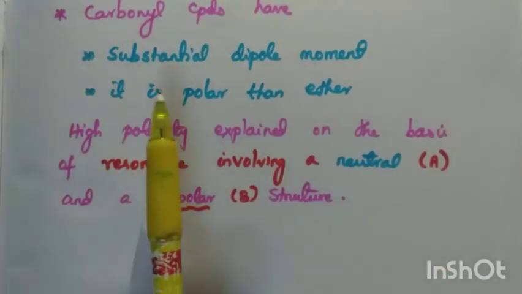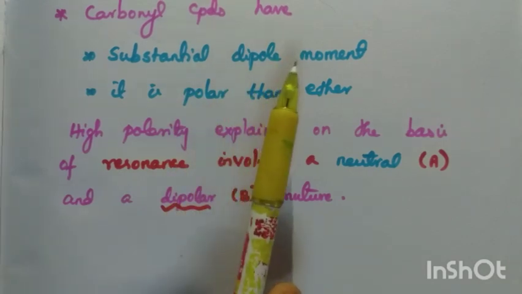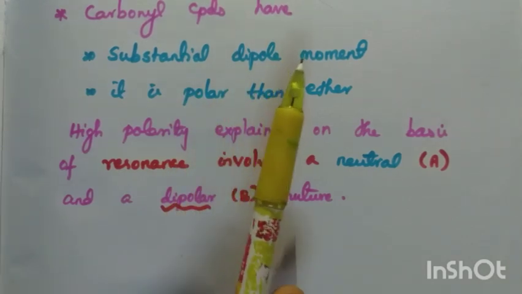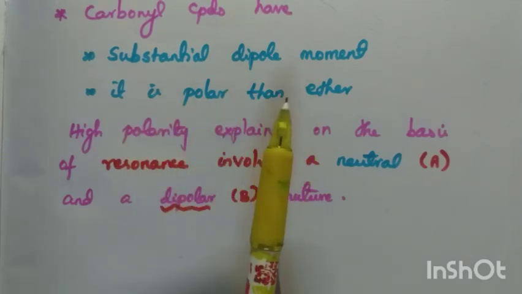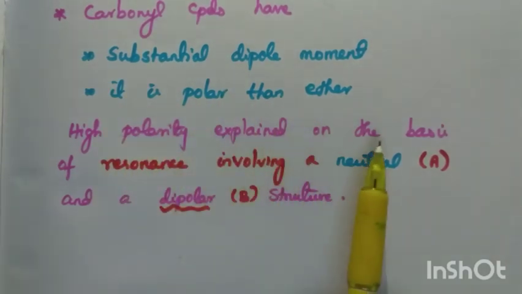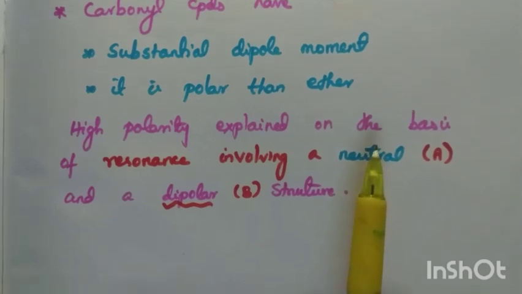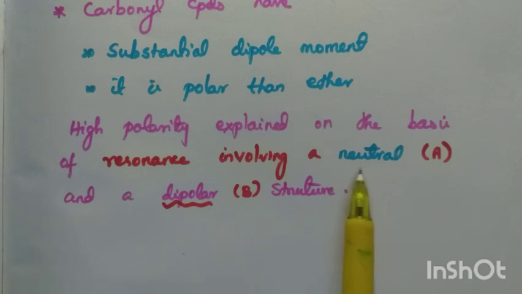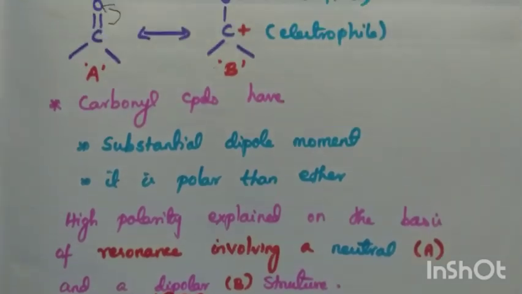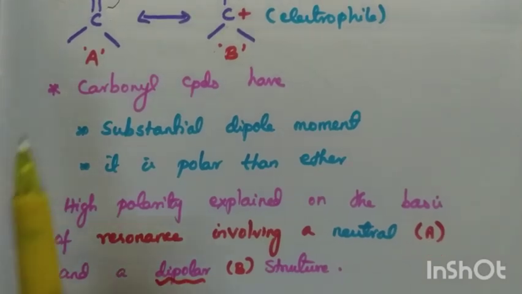Now it has a substantial dipole moment. If any compound has a polarized tendency, it has a dipole moment. It is more polar than ether. The high polarity is explained by the presence of resonance involving a neutral and a dipolar structure B. Why is A called neutral and B called dipolar?